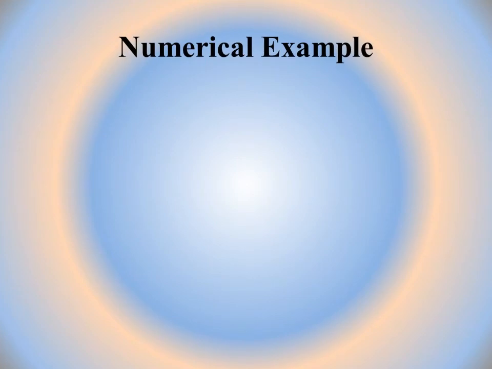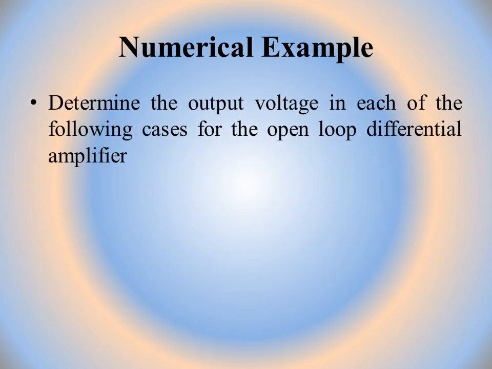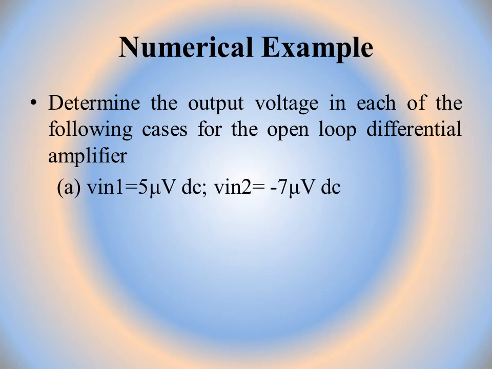So we'll discuss using an example. We take a numerical example. The question is: determine the output voltage in each of the following cases for an open loop differential amplifier. So we are given a differential amplifier and we have to calculate the output voltage. First, VIN1 is 5 microvolts DC and VIN2 is minus 7 microvolts DC.